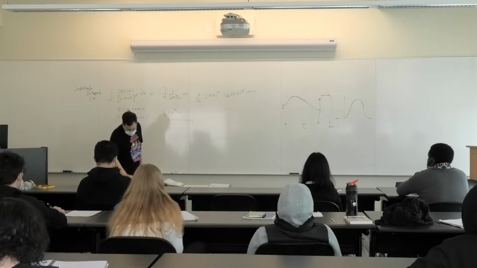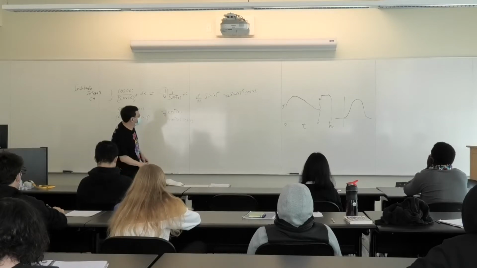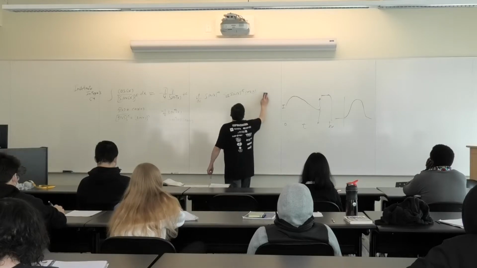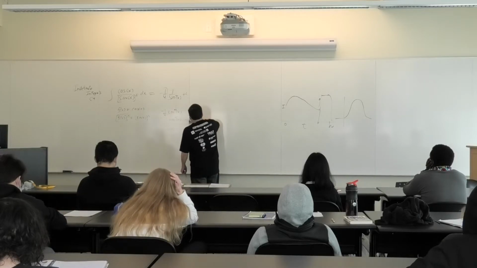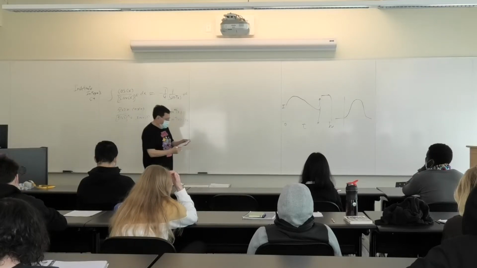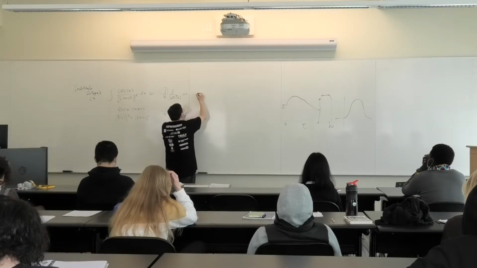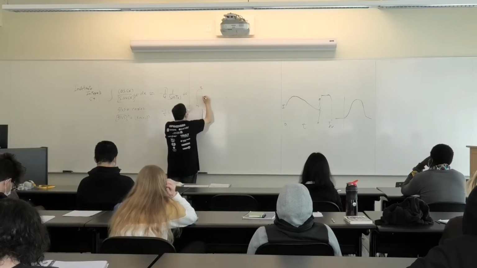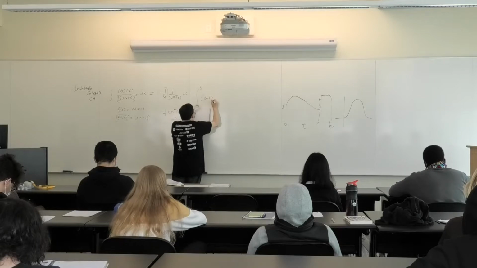Let's, in 2 steps, up the ante a little. I'm going to draw the graph of this in a second. From negative 1 to 3 of x squared minus 1.